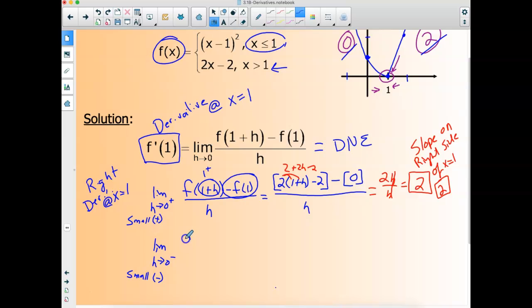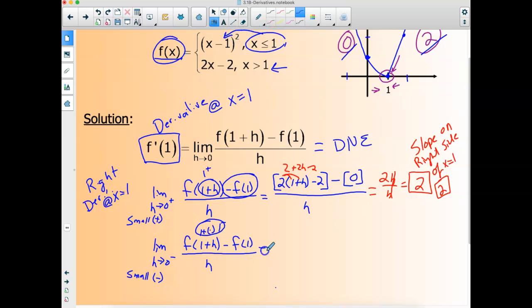That means f of 1 plus h minus f of 1, divided by h. 1 plus a small negative number is a little bit less than 1. So I'm putting a number a little bit less than 1 into my function, which means it has to go in here.